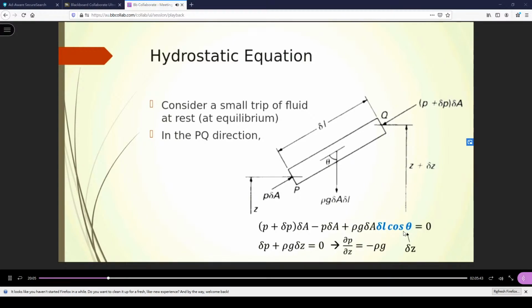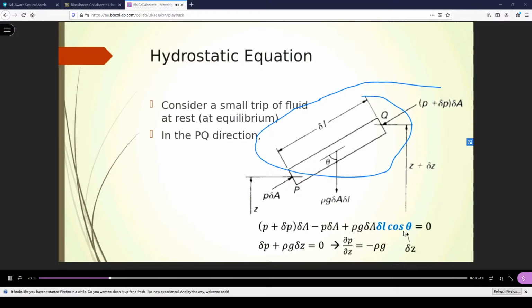Now we have a very tiny fluid strip on the screen. This is a really tiny strip of fluid at rest. At rest means it doesn't move, right? Now what happens to the force acting on this tiny strip?